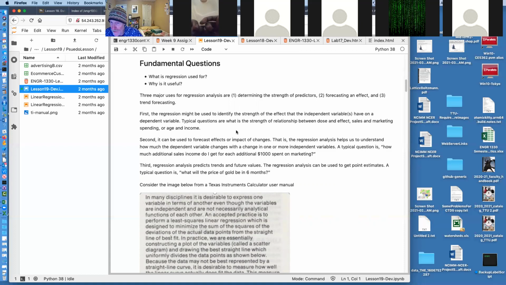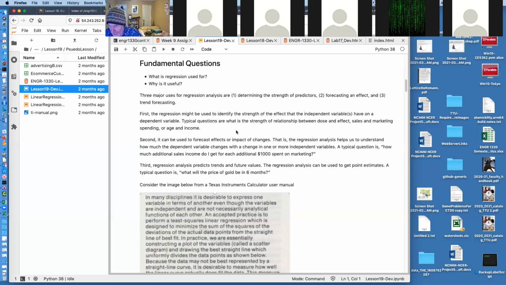The three major uses of regression analysis are determining the strength of predictors, and not strength in a structural engineering sense, but how valuable a predictive variable is to a prediction. Forecasting in effect. So when we changed the time in our linear model on the exam, we were forecasting a speed. And the other way of forecasting is something called trend forecasting.